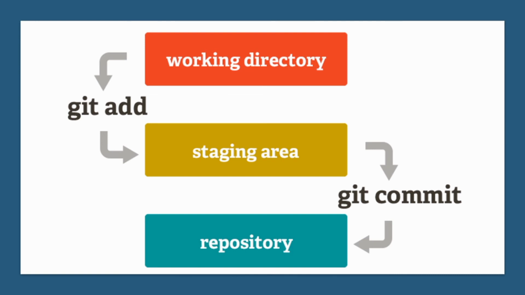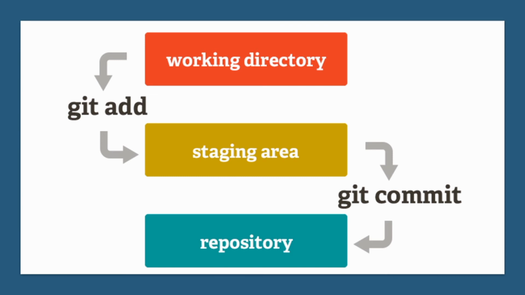That's why we need to add it to the staging area using the command git add. Once the file is in the staging area, Git will be tracking that file, but Git will not save those changes until we do a commit. So the next step is doing a git commit.